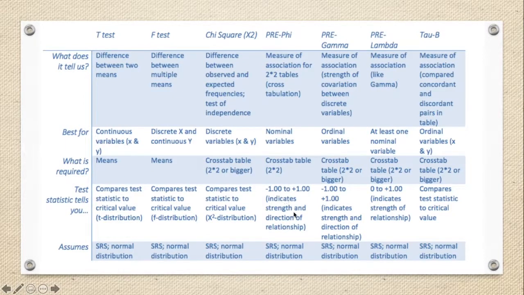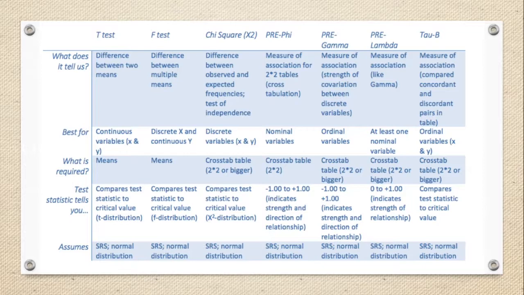The difference between these different measures of association is that, for instance, a phi will give you a number that indicates strength and direction of the relationship, ranging from -1, indicating a negative relationship, to +1, indicating positive, and again, with the higher values indicating a strong association between the two variables of interest.